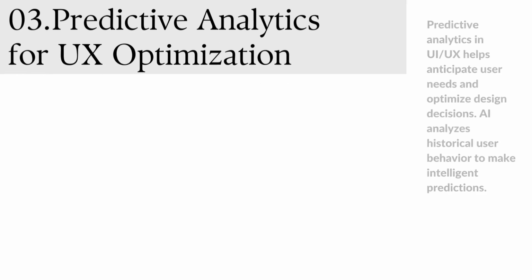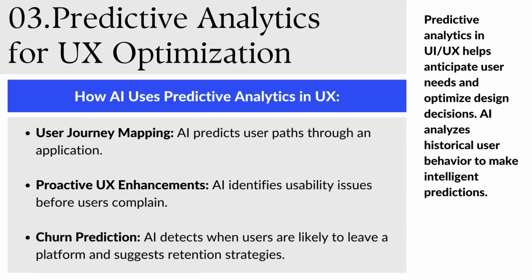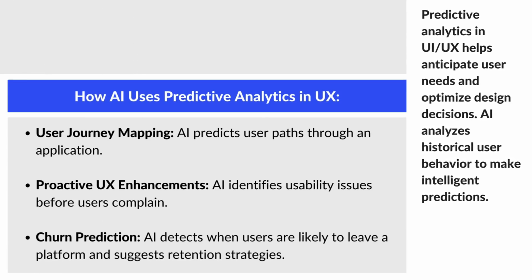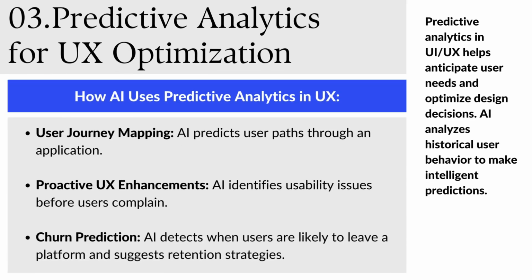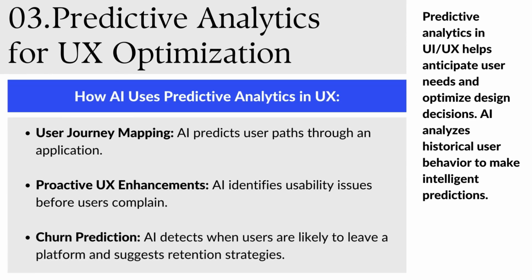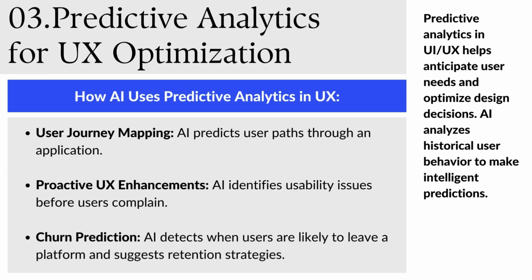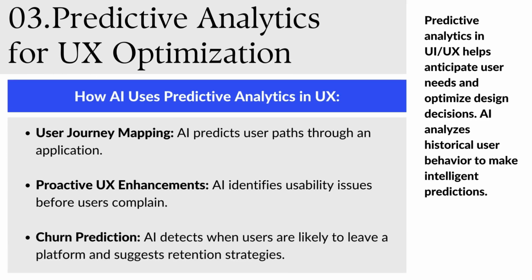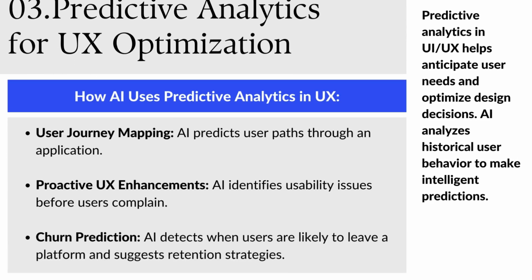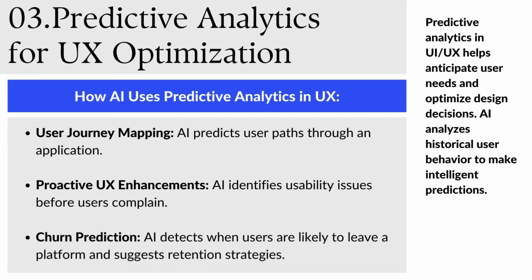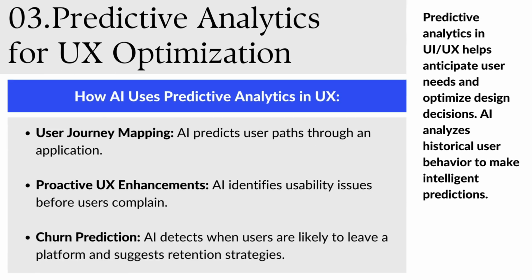Now, thanks to AI, because AI analyzes historical user behavior in order to make intelligent predictions. And that's beautiful, guys. So guys, let's go ahead to understand how AI uses predictive analytics in UX.